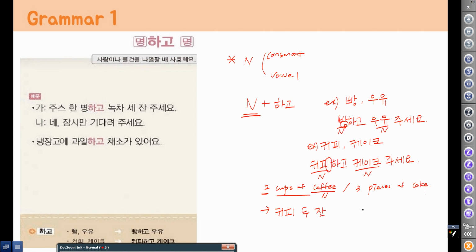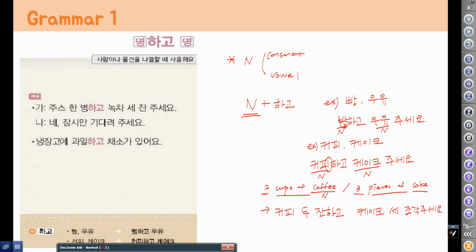And 3 pieces of cake. Native number, 3, and the counter 조각. 주세요. So 커피 2잔하고 케이크 3조각 주세요.